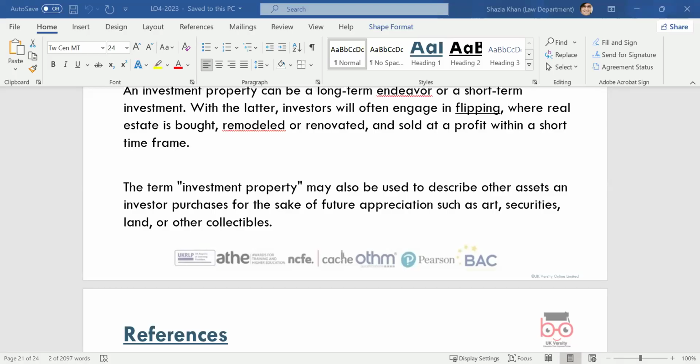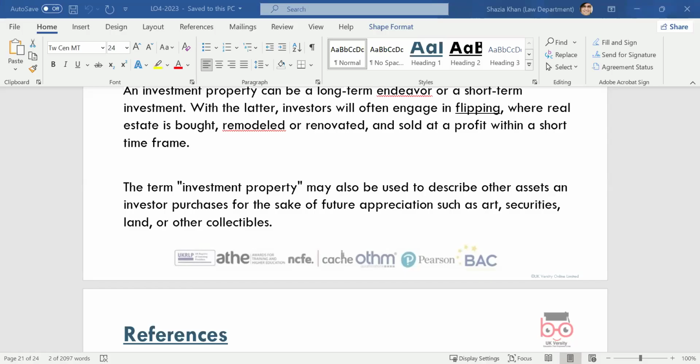It may be that there is a more dominating partner. We looked at commercial property and commercial lease transactions as well. And we looked finally at real estate and investment properties, what they are and the different types.